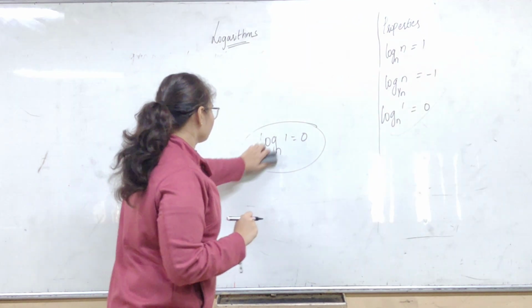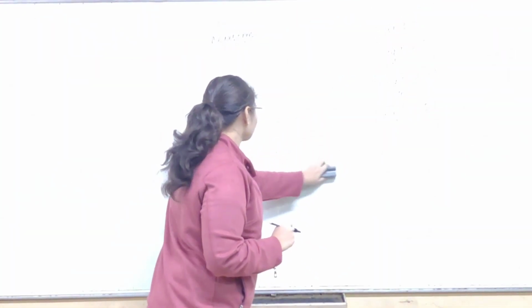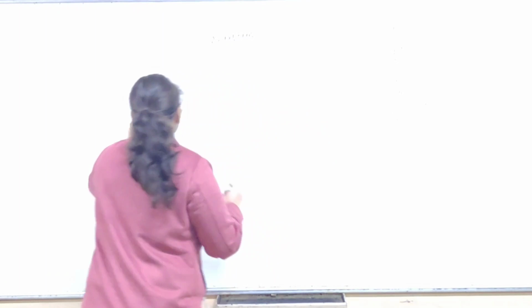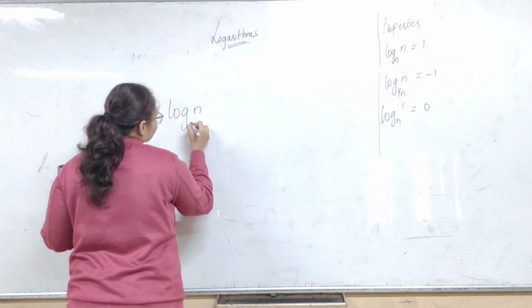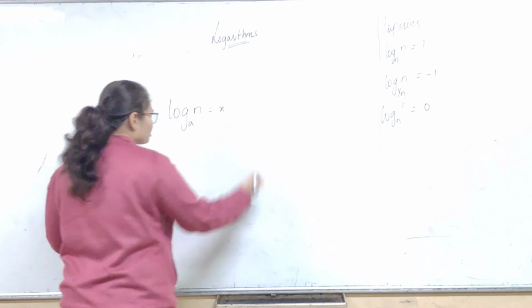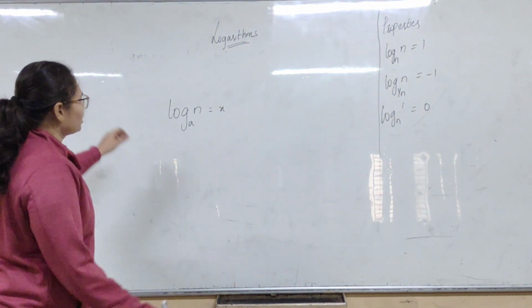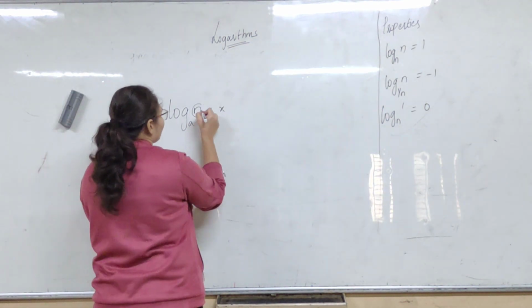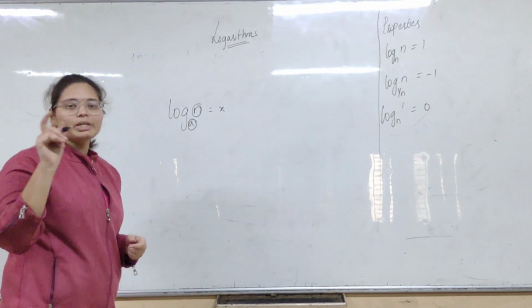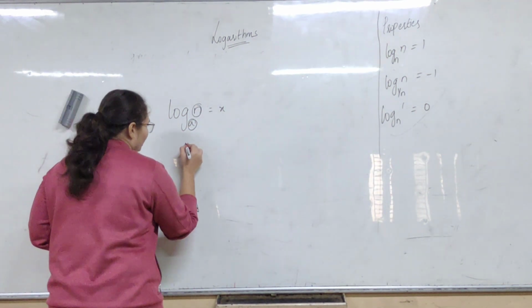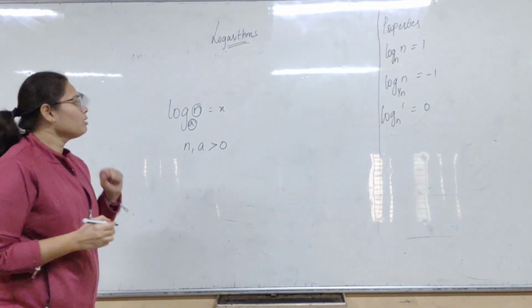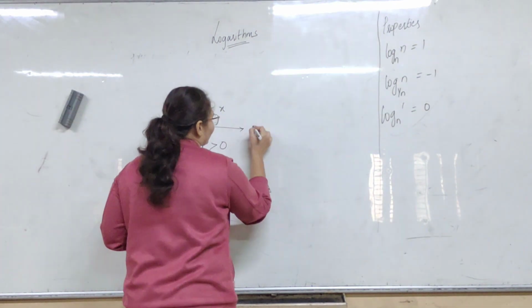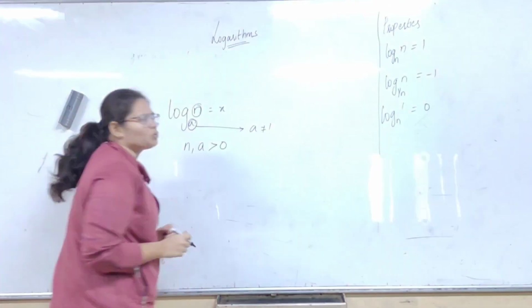So see, we have studied that log n to the base a is equals to x. Right? So in this, always n and a should be greater than 0 and the base should never be equals to 1. A should never be equals to 1.